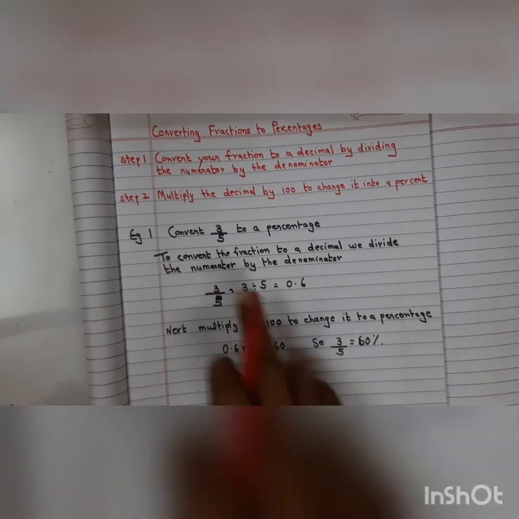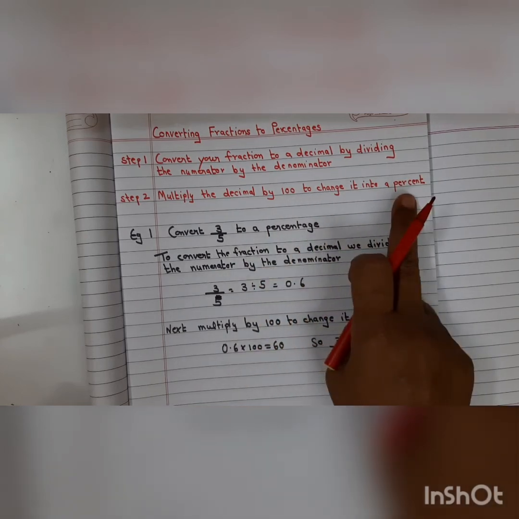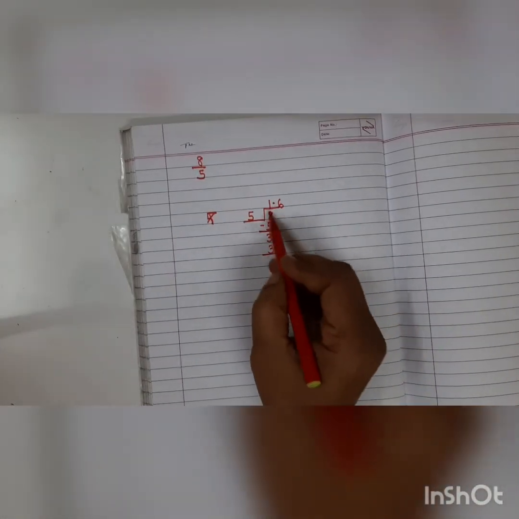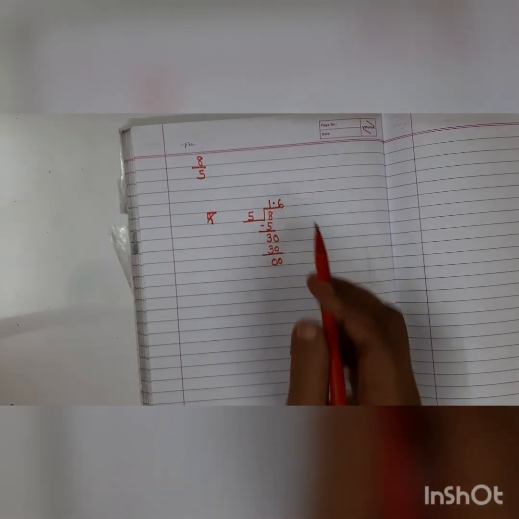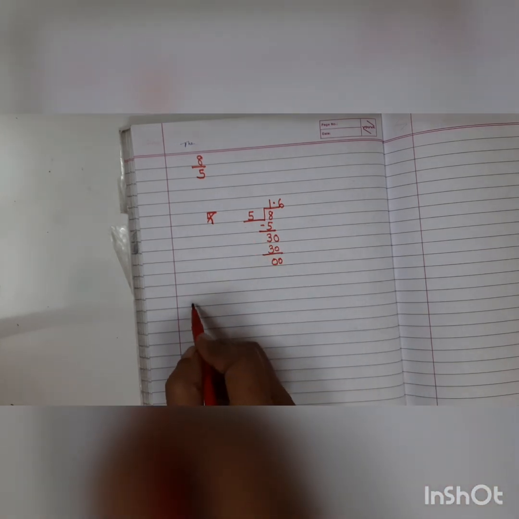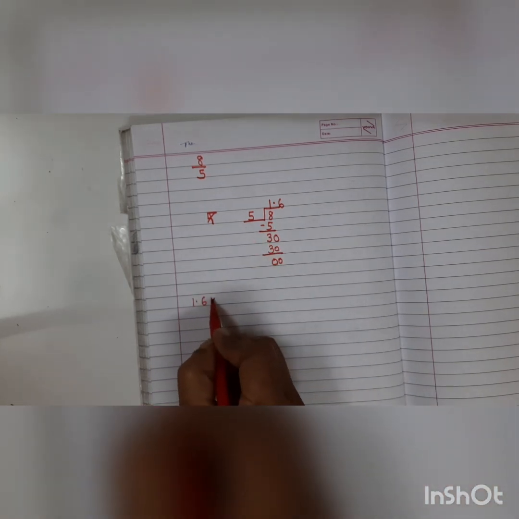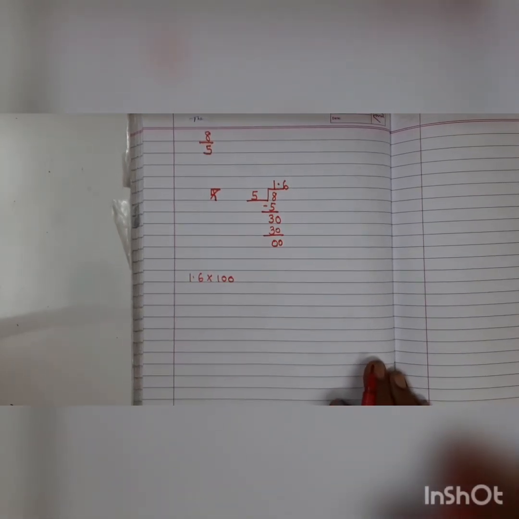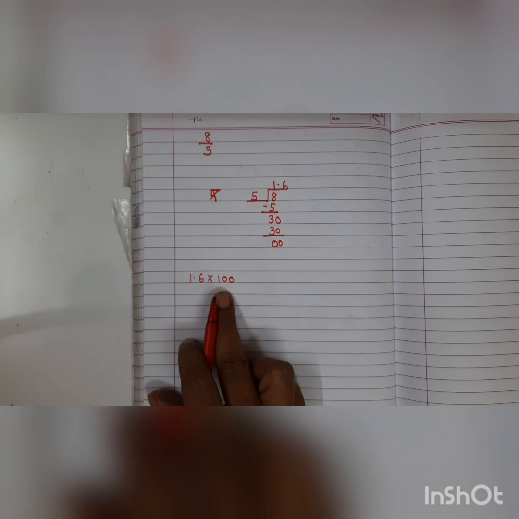What does the rule say, children? What does the next step say? Multiply the decimal by 100 to change it to a percent. So now this is my quotient, and this is your decimal: 1.6 into 100. Children, why 100? Yes, because it's percent. That's the reason we are using 100.